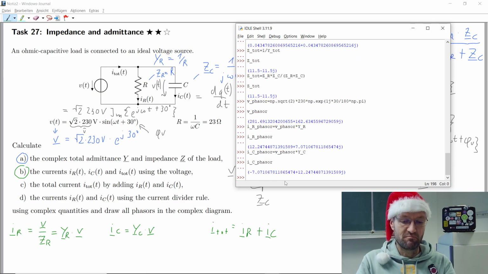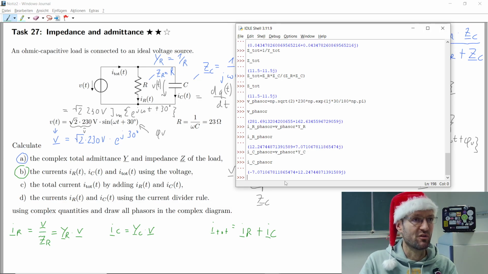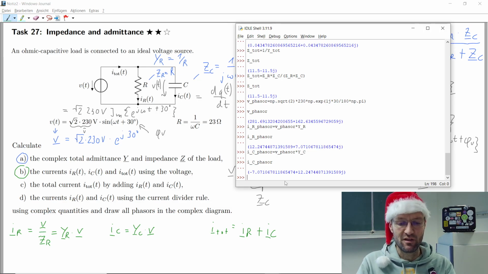And yeah, from this, I think at the moment you cannot see that much. It's really an imaginary part. It's meaningful if we do the sum of the two. So the total current as a phasor, we just get as the sum IR phasor plus IC phasor. Oops, there it is.